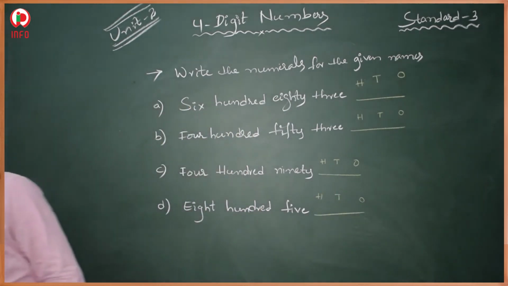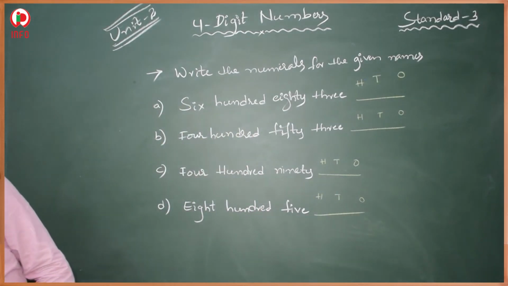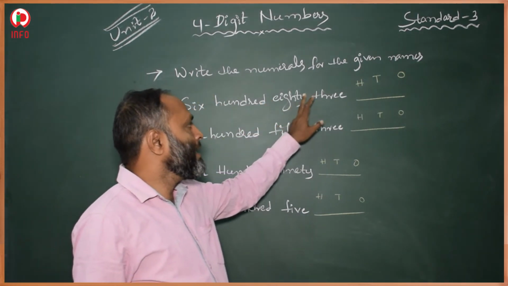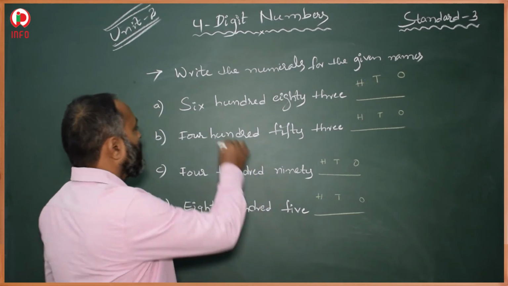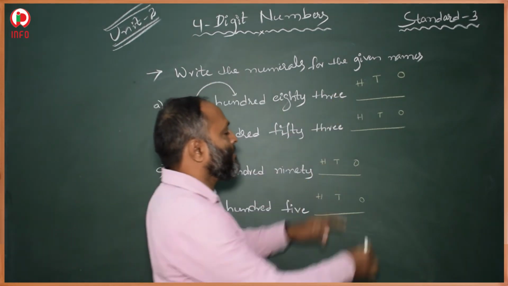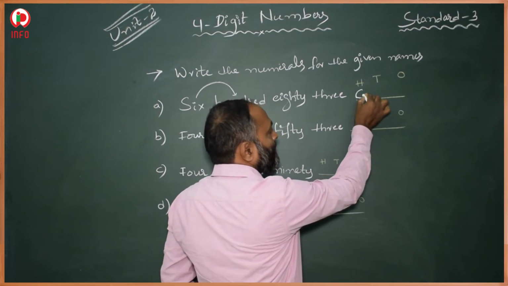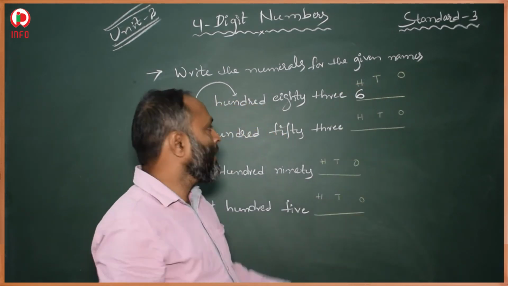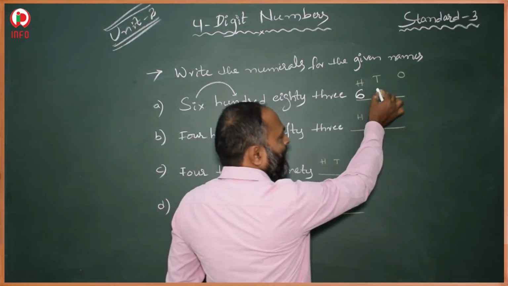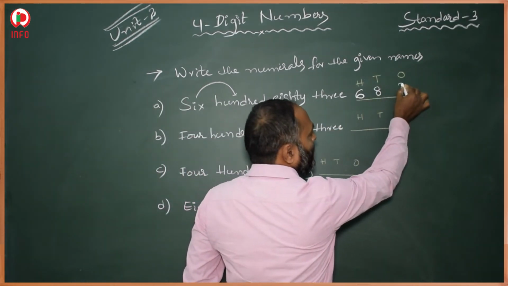Now, how to write these numerals? First read here: 683. 6 is in the hundreds place, so in the hundreds place we write 6. 83: here 8, here 3.